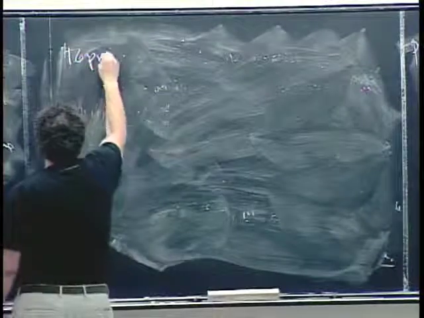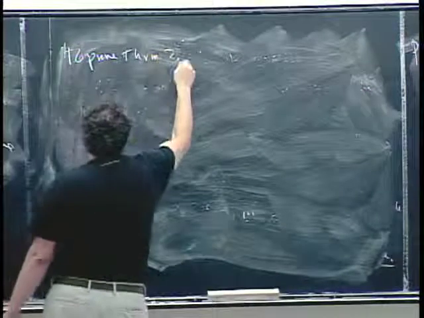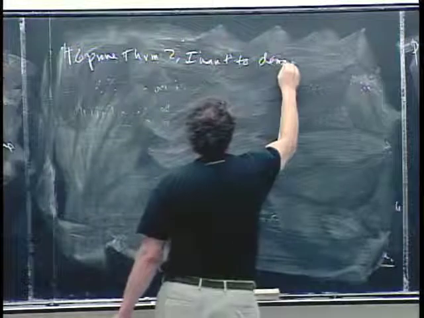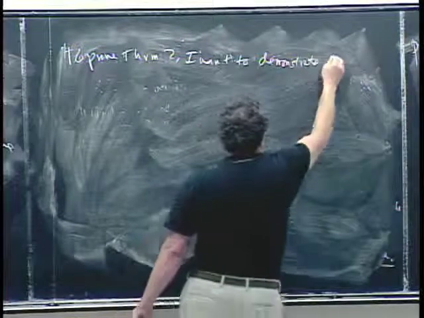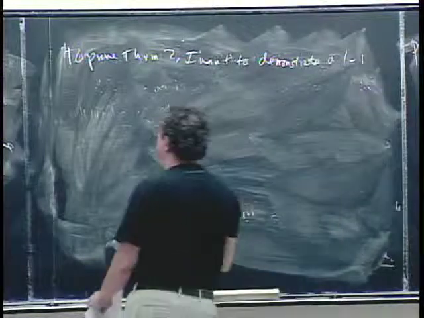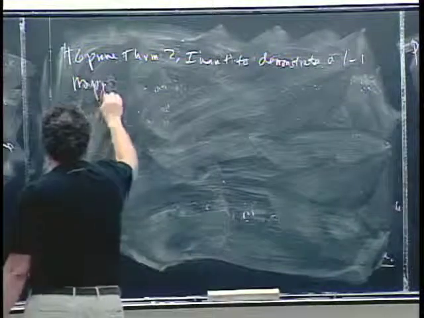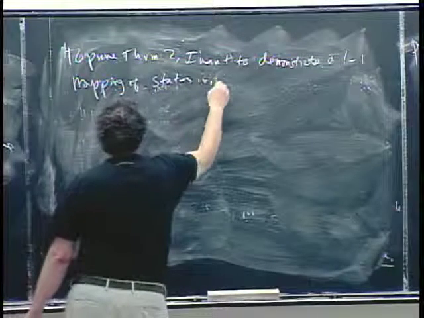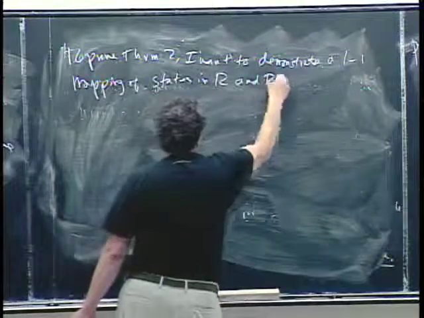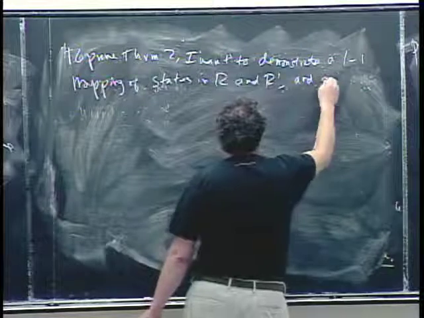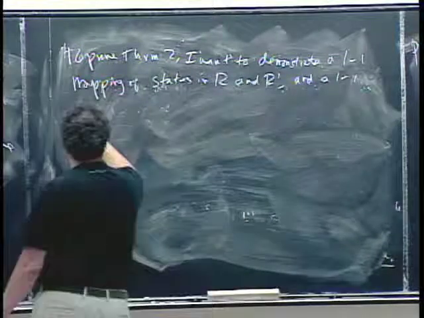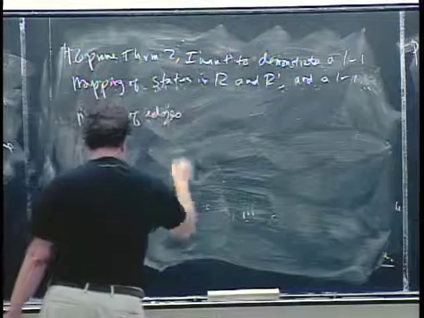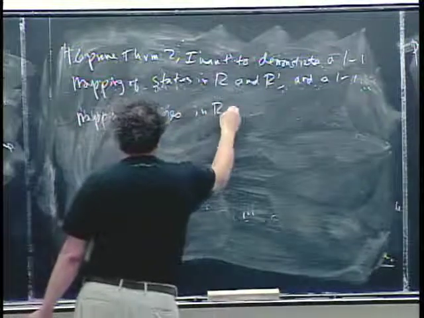So to prove theorem 2, I want to demonstrate a one-to-one mapping of states in R and R prime, and a one-to-one mapping of edges in R and R prime.